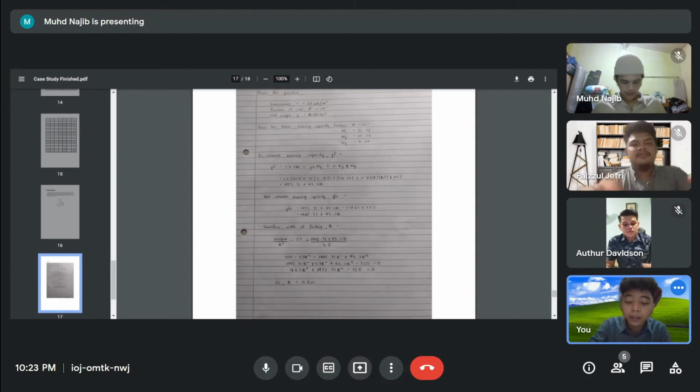Qf. So the formula for Qf is 1.3 cNc plus γDf Nq plus 0.4γ B Nγ. So after we substitute the symbol with the value, we will get 1972.71 plus 43.2B. Next, we will have to solve the net ultimate bearing capacity, which is Qfn.